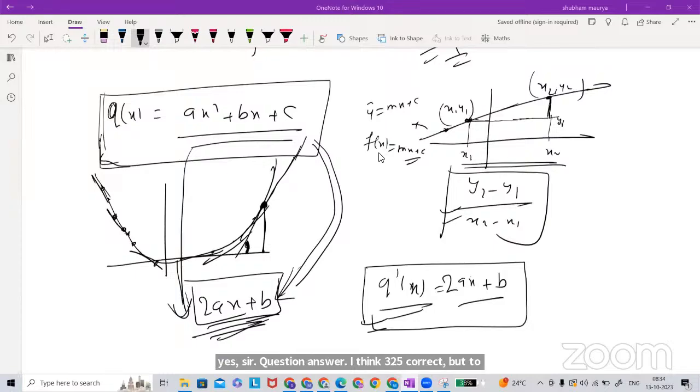Okay, so we have 500 candidates who applied for the post. We can make it using a Venn diagram.